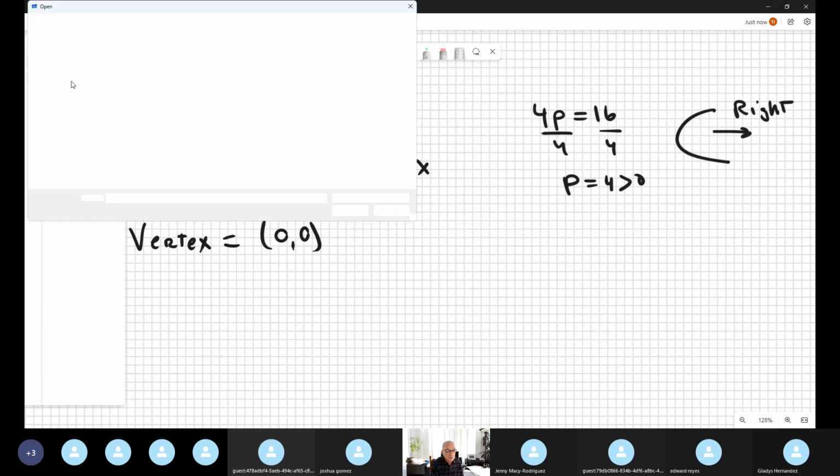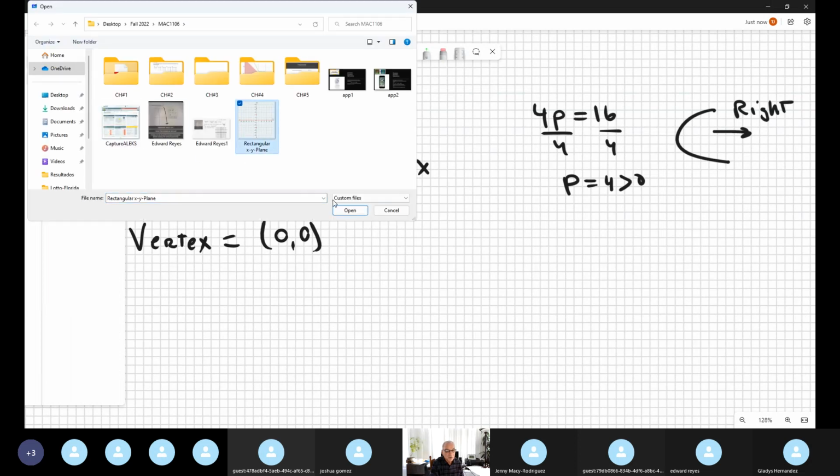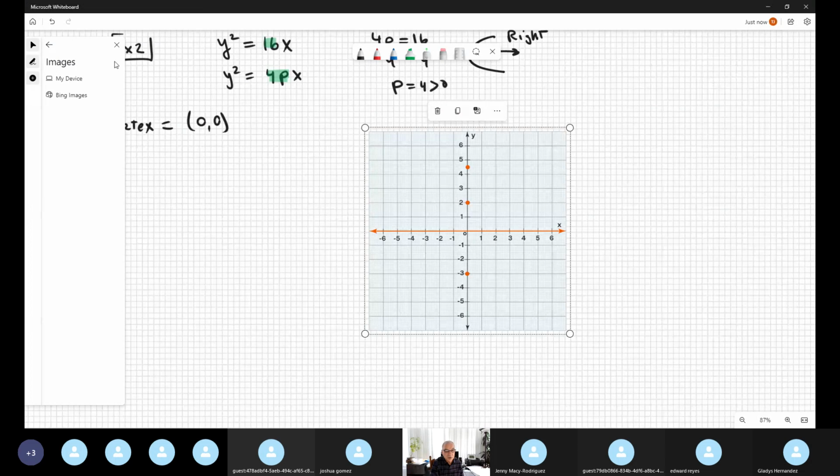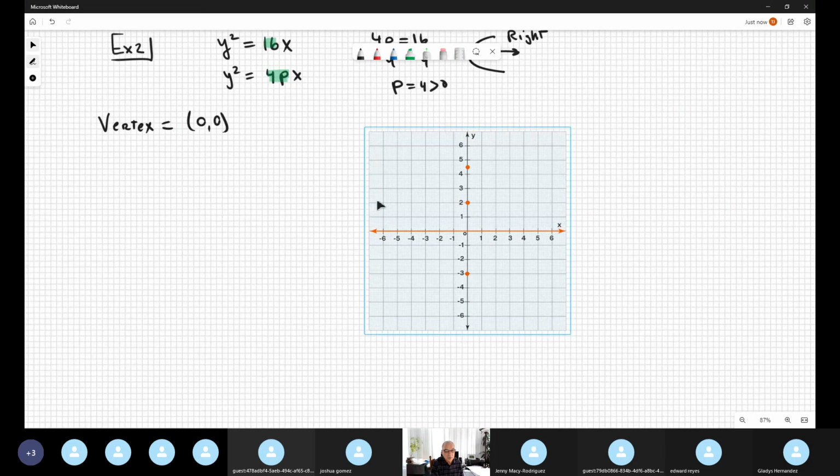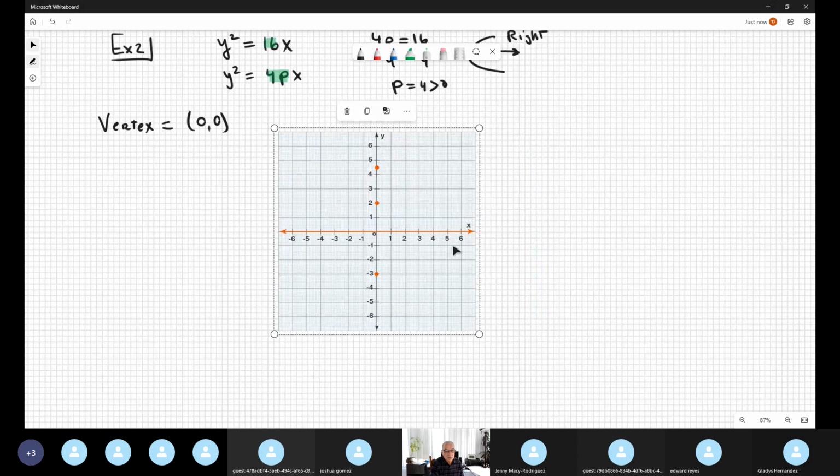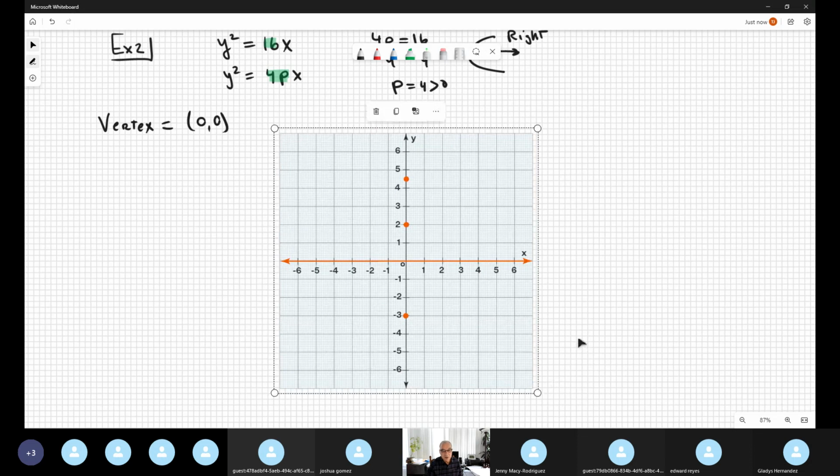And after, the answer of the question is always do the graph. Okay, so 0, 0 is the vertex. Let me enlarge. Okay, there you go. 0, 0 is the vertex.